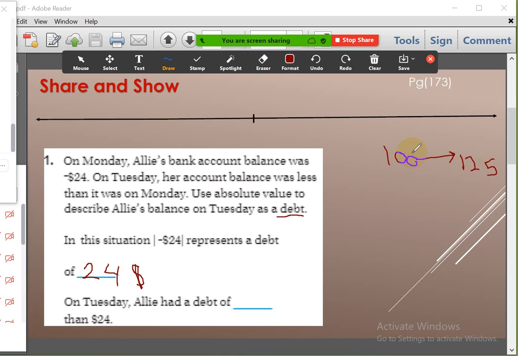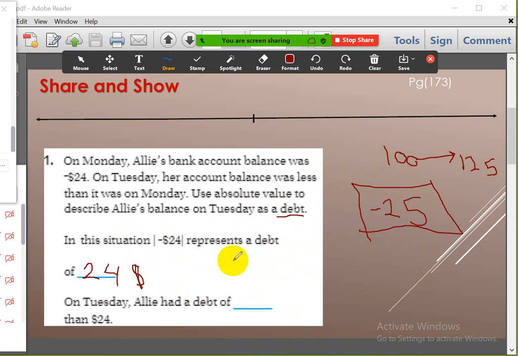I don't have this 25. So the bank told me you have a debt of 25. To mention that this money is a debt, they put a negative sign before the number. That means the bank needs 25 riyal from you. Yes, so this is the idea of the debt.